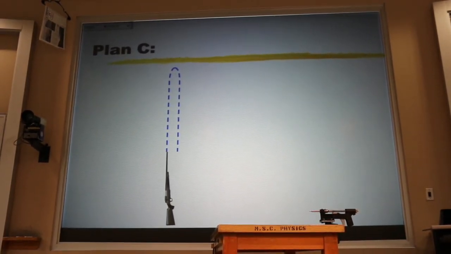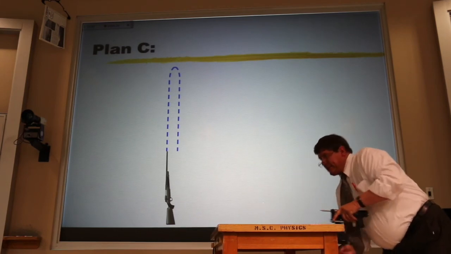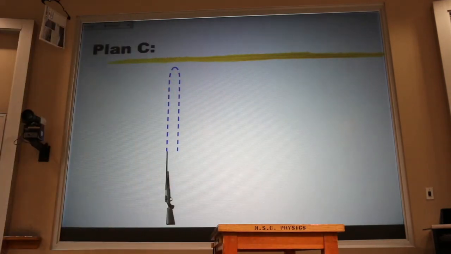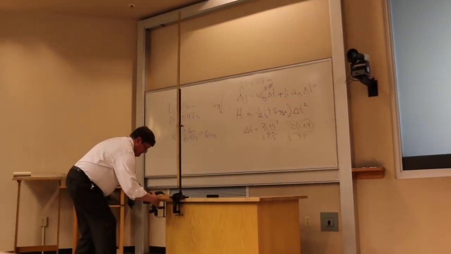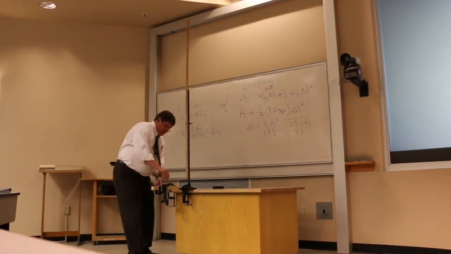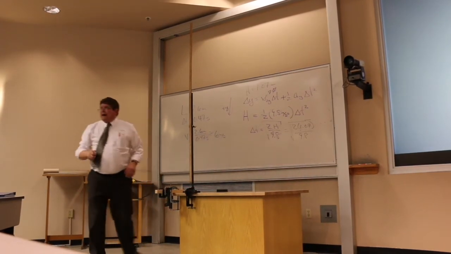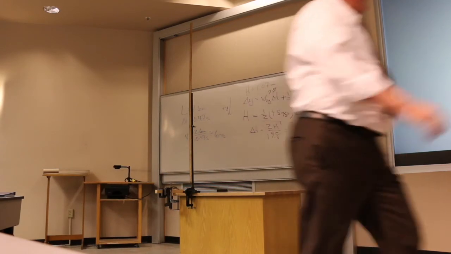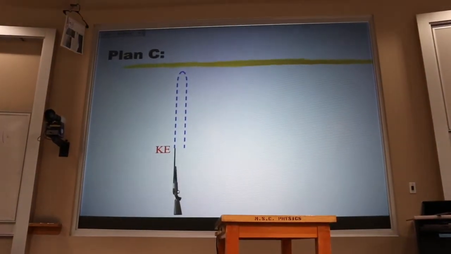Okay? Now, if I take this gun and I put it here, who's got the bullet? Thank you. So now I fire it straight up, and if I know how high it goes, I can use energy conservation. At the bottom, when it leaves the barrel, if I call that height 0, it's got kinetic energy.